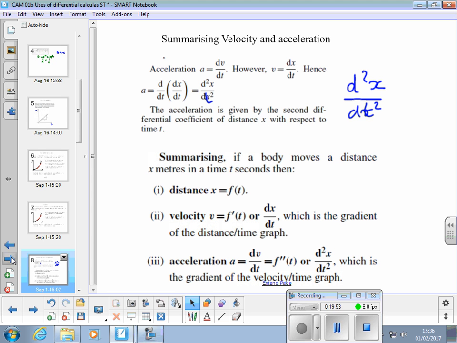So if we've got a function, x is equal to distance, x is equal to a function, velocity is the first differential of that function, acceleration is the second differential of that function. And when we look at integral calculus, we'll look at the opposite of that, in particular, finding the area underneath a velocity versus time graph gives you the distance travelled.